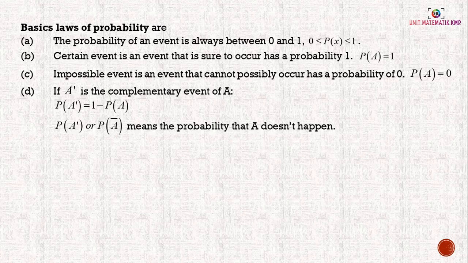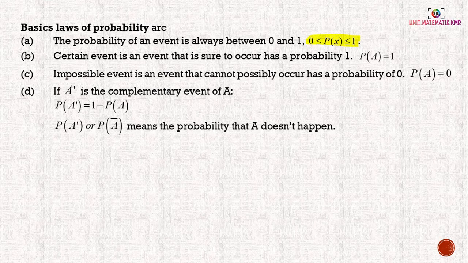So A, the probability of an event is always between 0 and 1. Okay, so means that kalau awak buat calculation, katakan you dapat negative 0.1 ataupun you dapat 1.5, so yang tu berada di luar daripada range 0 and 1, so maksudnya dia bukan probability ataupun jalan kerja awak salah lah.